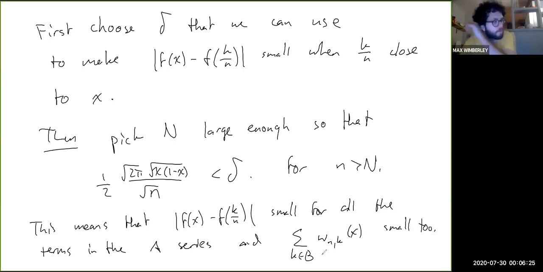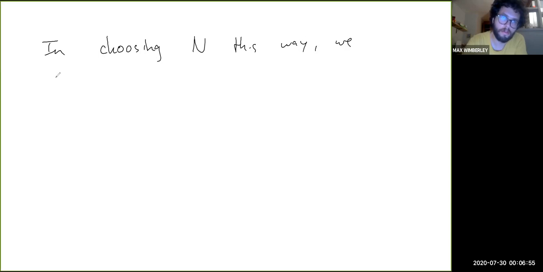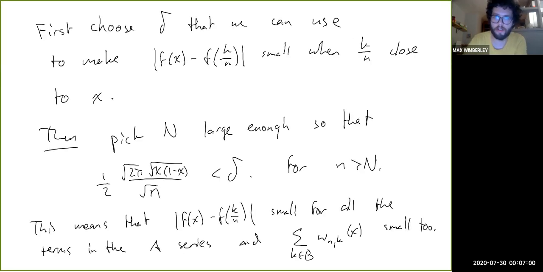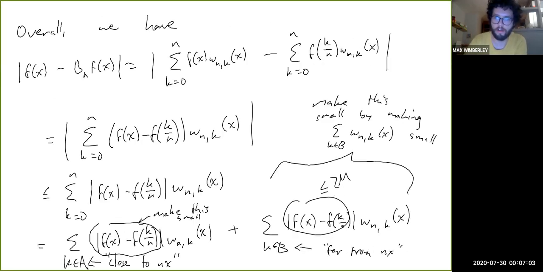And the reason this is small is just because we chose A so that all the values of k outside of A make w_nk very, very small, okay? So what you can see here is that in choosing n this way, we have chosen, oh, and also I guess there's this 2m here.